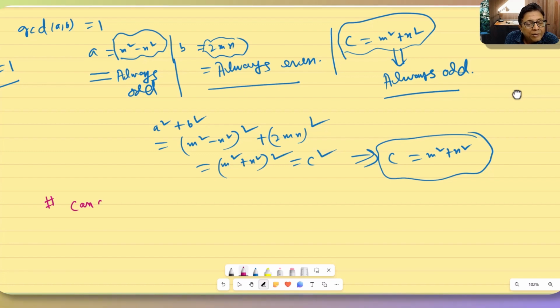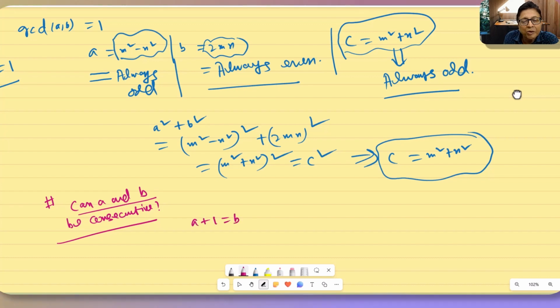Can A and B be consecutive? Let's see. Then A plus 1 is going to be equal to B. What does this imply? m square minus n square plus 1 equal to 2mn.